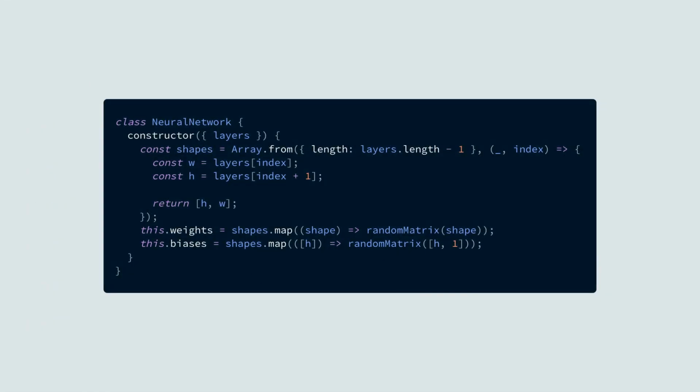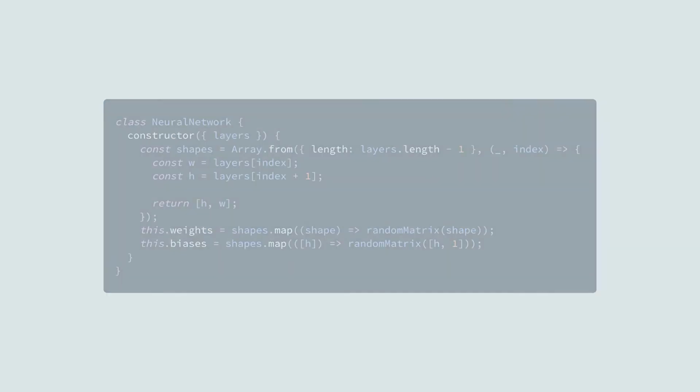Let's have a look at the neural network code now. First, I need to create the shapes of the weight matrices based on the layers we have in the network. Then, for each shape, we generate a matrix with random numbers going from -1 to 1 inclusive. We will be doing almost the same thing for the biases, except we need to create column vectors in this case.